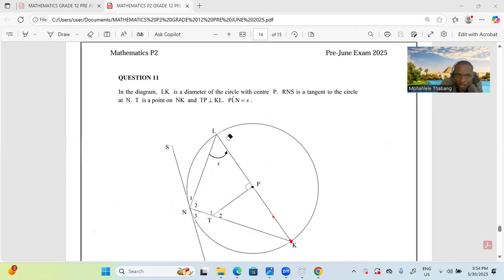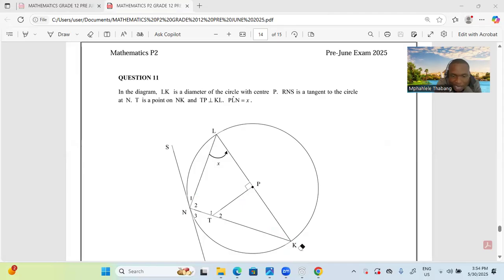In the diagram, LK is the diameter of a circle with center P. Another thing you have to check, once they give you the center, is the angle at the center theorem. This time around, it won't apply.